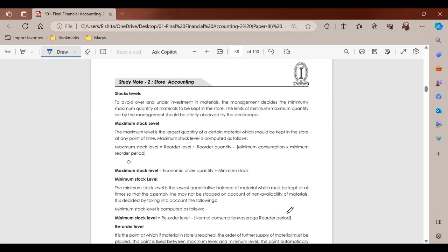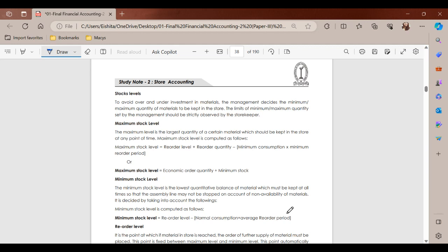First is the maximum stock. You remember, or you have a scooty with you, how much petrol you will put in the scooty. So the maximum amount. Maximum stock is the largest quantity of a certain material which should be kept in the store at any point of time.